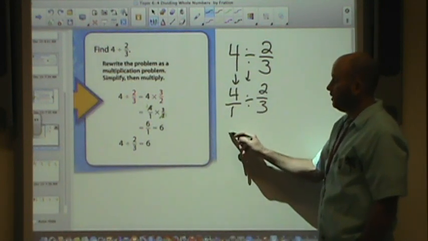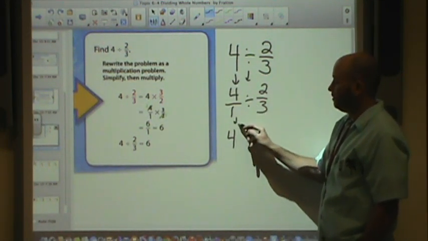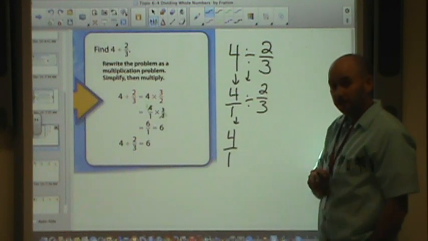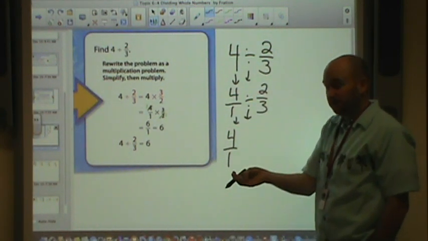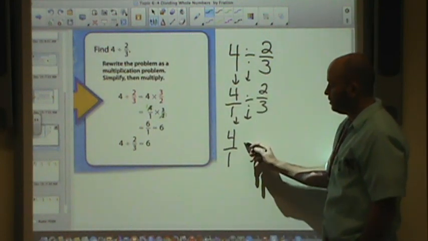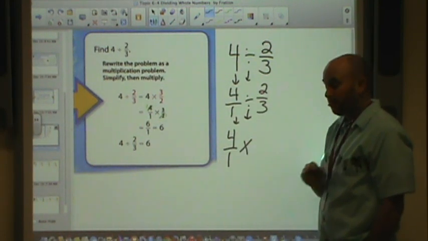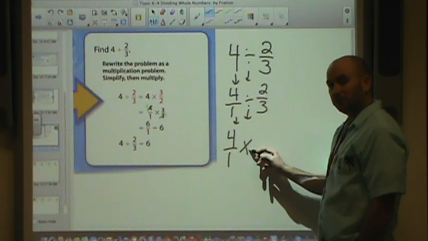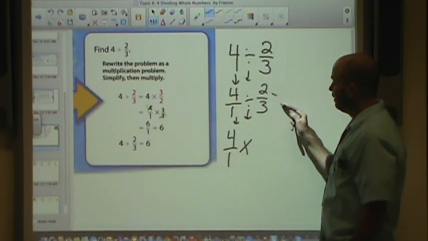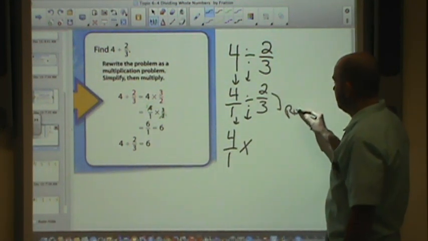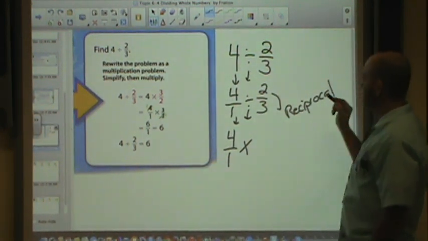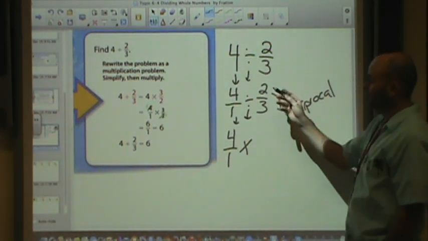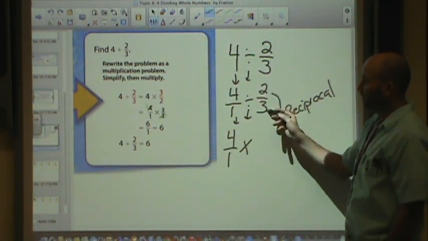Now, our next layer, 4 over 1 will stay the same. But because we see in the pattern in the table, we're going to change division to multiplication. Once we create the multiplication symbol, we then have to create the reciprocal of 2/3, which means we flip-flop.